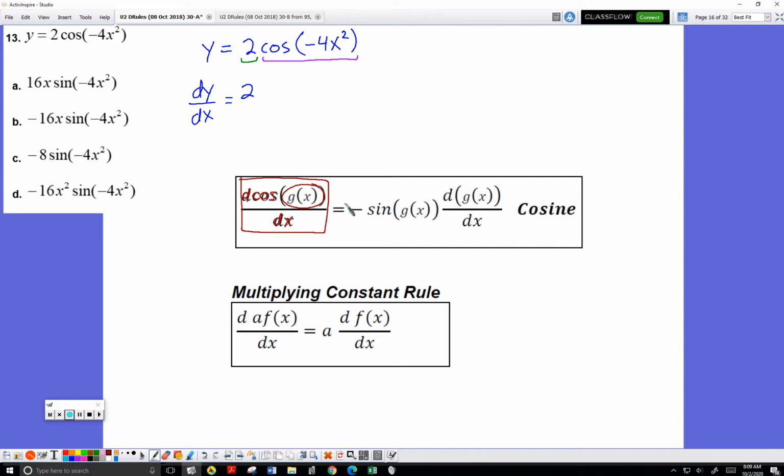According to this rule, this d dx of the cosine of something is going to become -1. So I can't put this. That would look like I'm subtracting. So got to make sure the -1 is in parentheses. So I have -1 multiplied by the sine of that same something.